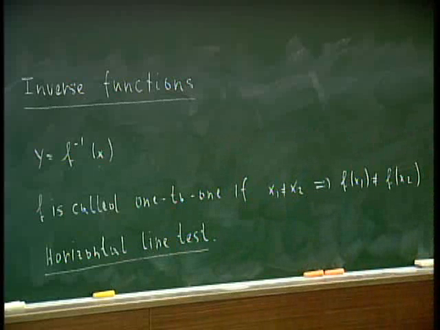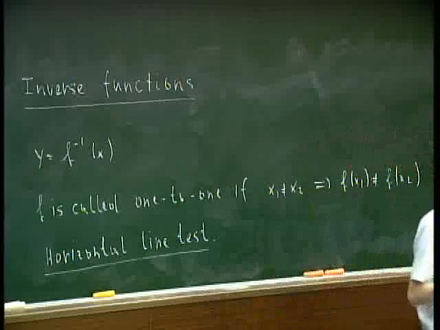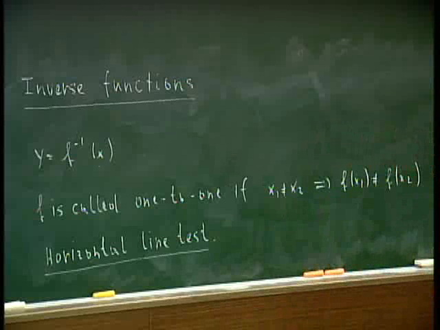Namely, you look at every horizontal line, and if every horizontal line intersects the graph of a function f in at most one point, then the function is 1-to-1.